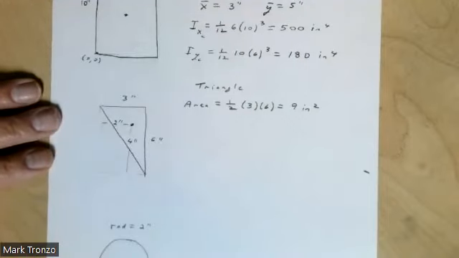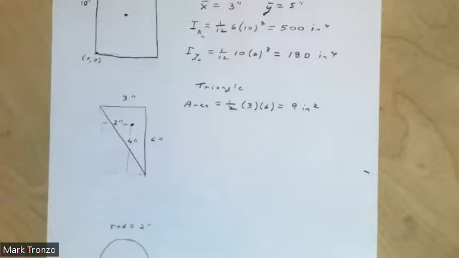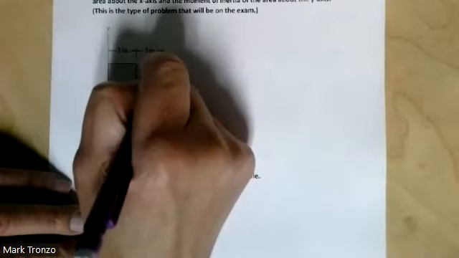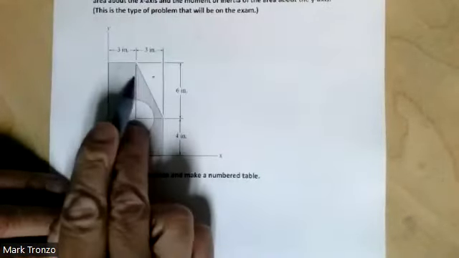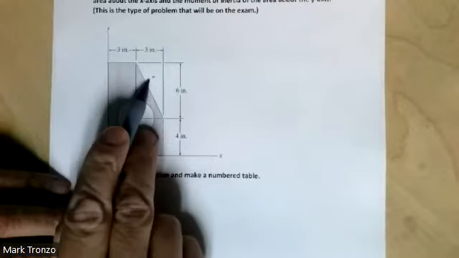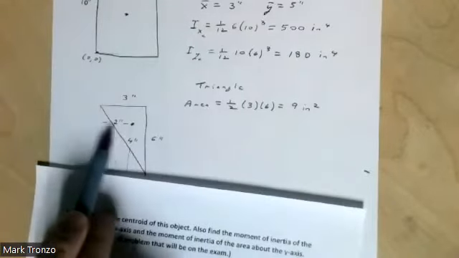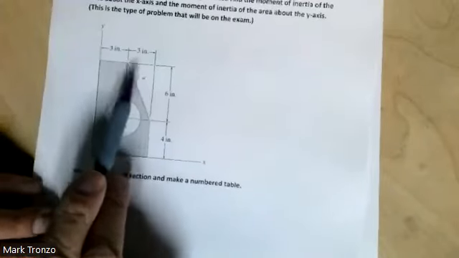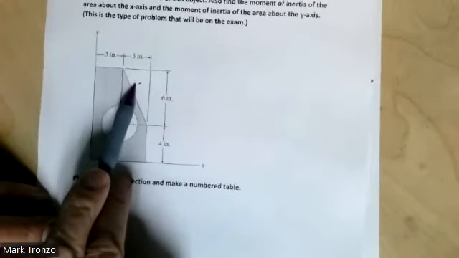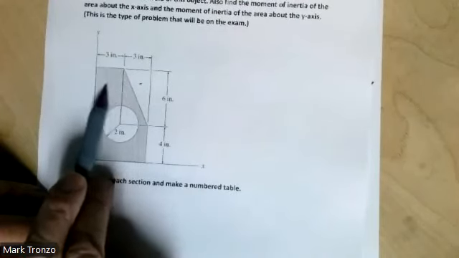However, if we look at our picture over here, that's going to be this point over here. Notice for our X bar, it's 2 inches from this point here, but then we're going to have to add 3 inches because this point here is 3 inches from the edge.